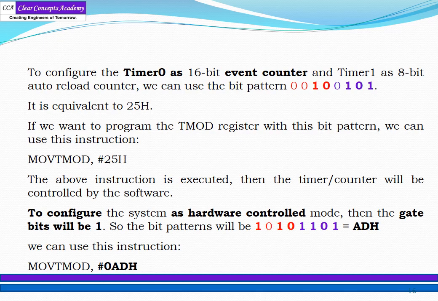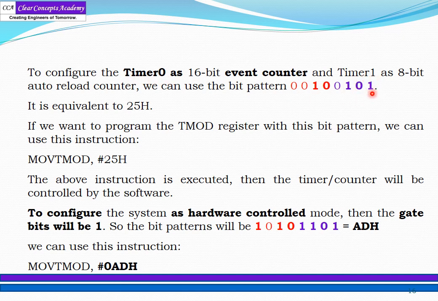To configure timer 0 as a 16-bit event counter and timer 1 as an 8-bit auto reload counter, we can use the bit pattern 0 0 1 0 0 1 0 1. We are talking of timer 0, so these bits are for timer 0.